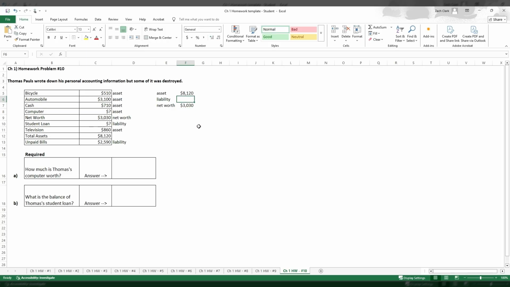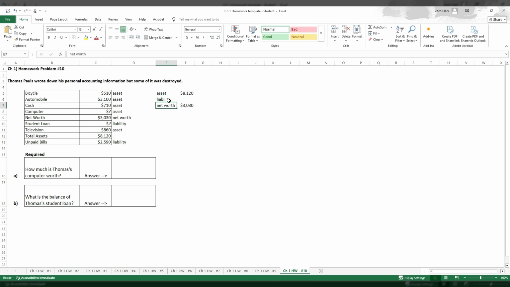Okay, so that means if we know these three things here, assets, liabilities, net worth, hopefully this has become in line with every problem we've looked at, our fundamental accounting equation tells us that assets equal liabilities plus net worth. So we need to figure out what we would need to add to 3,030 to equal assets.